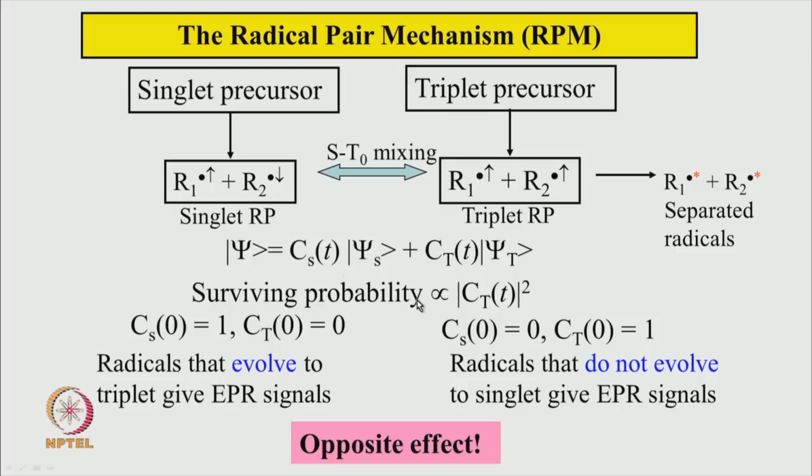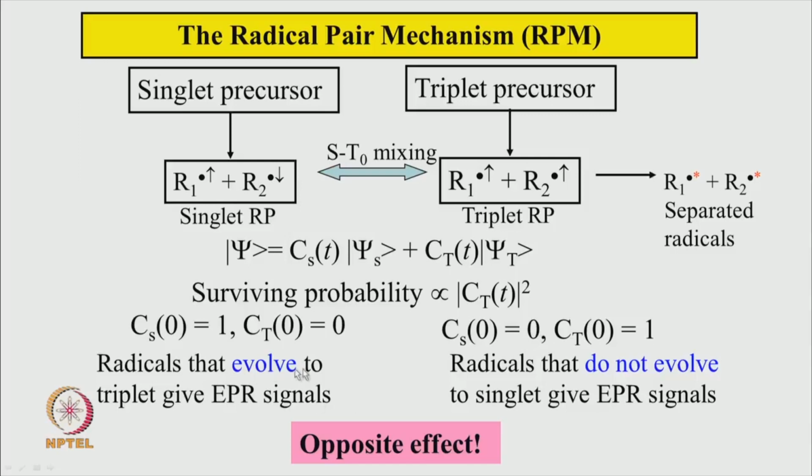The survival probability depends on the extent to which the triplets have been produced, that is the square of this one. The initial conditions are that CS0 is 1 and CT0 is 0 for the singlet precursor, and for the triplet precursor exactly the opposite: CT0 is 1 and CS0 is 0.